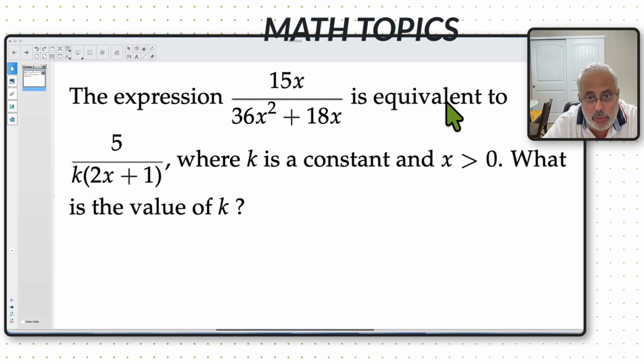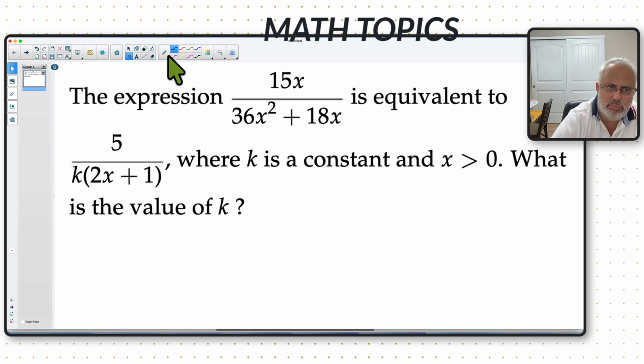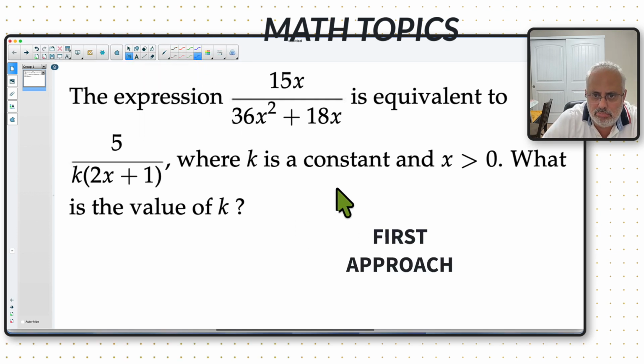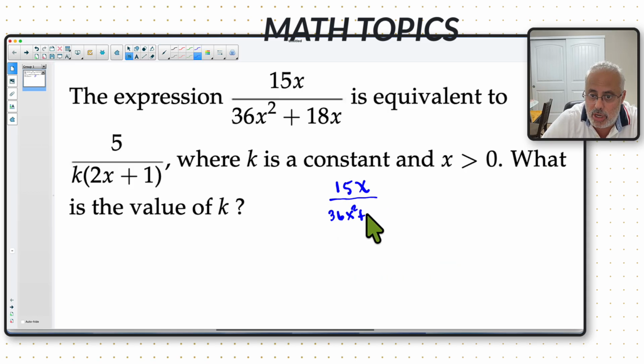Because we have equivalent expressions, we can find the x immediately. Because 15x over 36x squared plus 18x is equal to 5 over k times 2x plus 1. Okay?